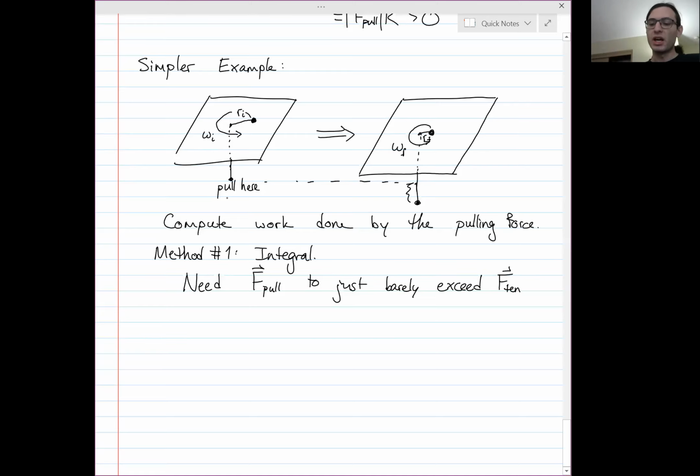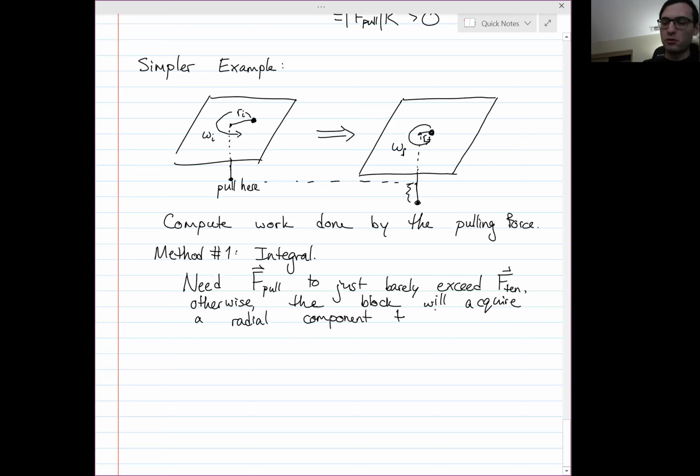The reason we need this is that otherwise the block will acquire a radial component to its velocity, and we don't want that. We want it to keep moving in a circle and not just start moving inwards.